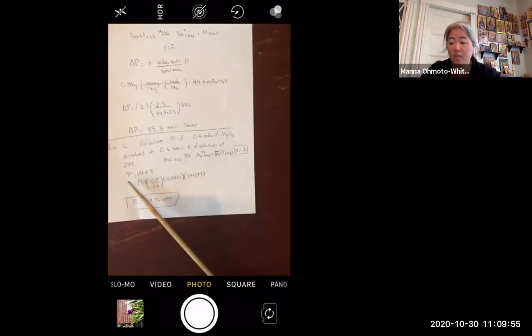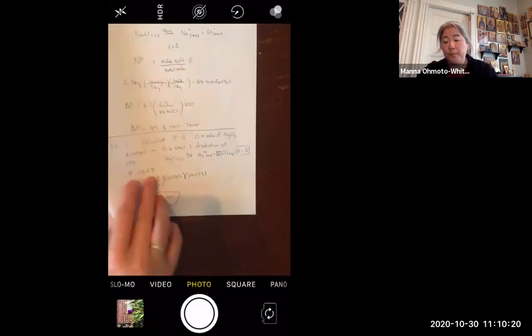So I plug this into my pi equals iMRT, so I also have to multiply by my Van't Hoff factor, 3. My molarity is going to be equal to 0.4 over 0.6 times R. And then I have to remember to convert my temperature to Kelvin, so 27 plus 273. And I get an osmotic pressure of 49.26 atmospheres.